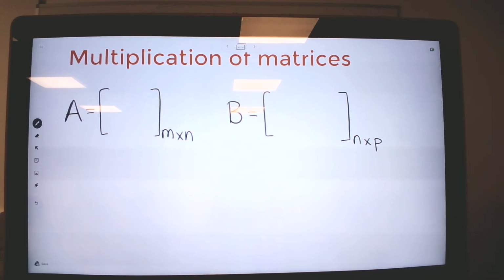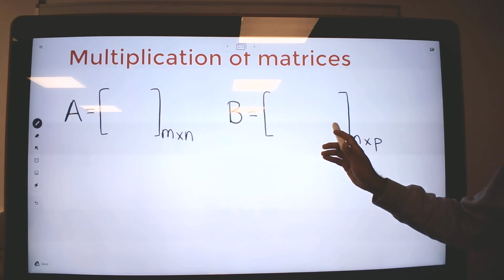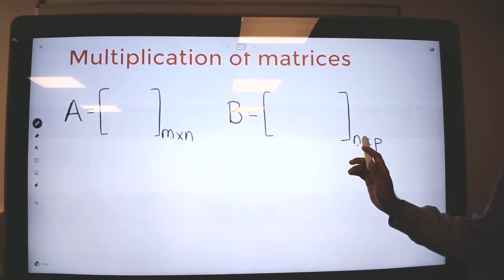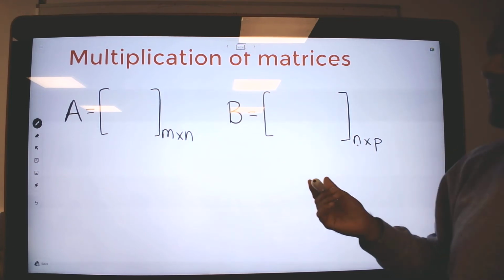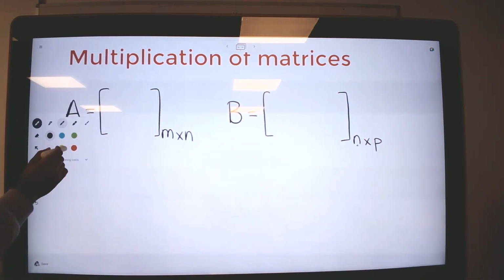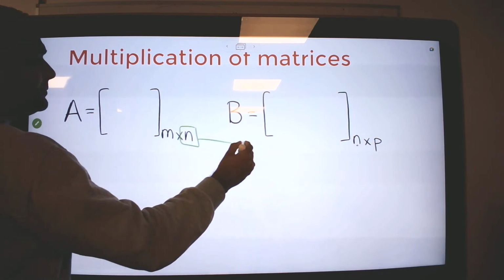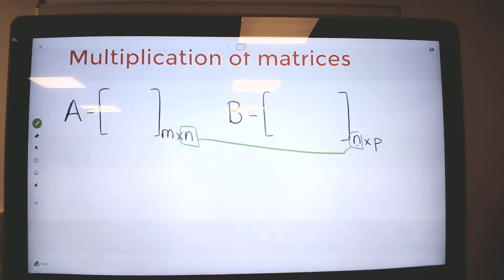We can only multiply the matrices together if the number of columns of the first is equal to the number of rows of the second. Otherwise, you can't multiply. First, check: write down the order of the matrices. That has to be the same number. If they're not the same number, you can't multiply the matrices.